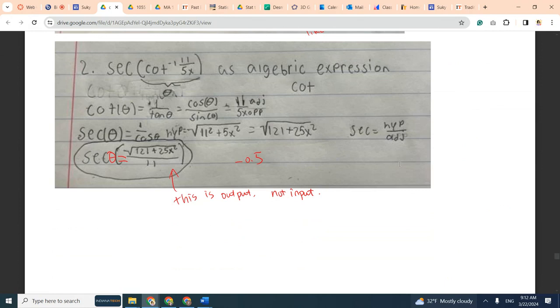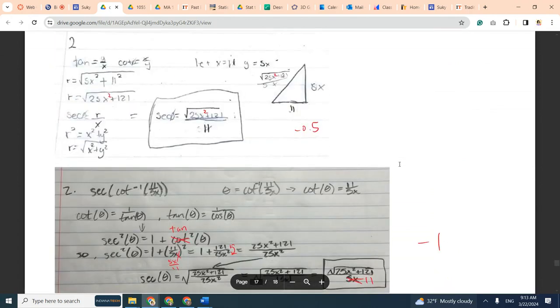And then here, be careful. You mean secant theta is this number. This is the output, not the input. So be careful. And here, yes, x squared.